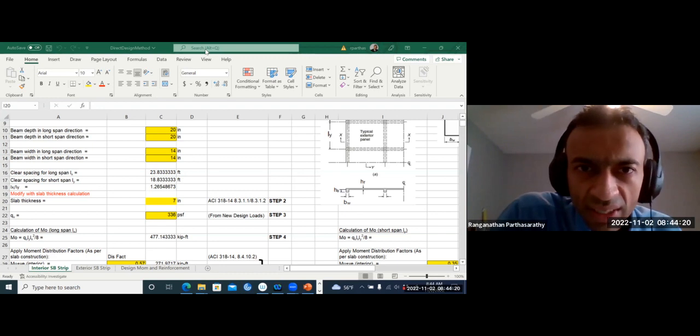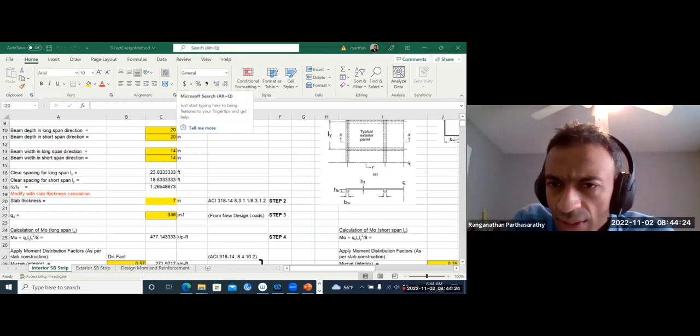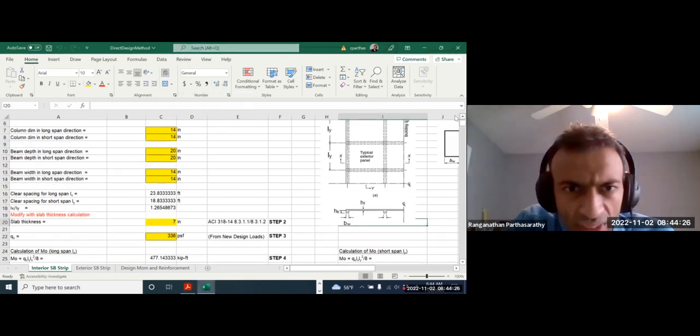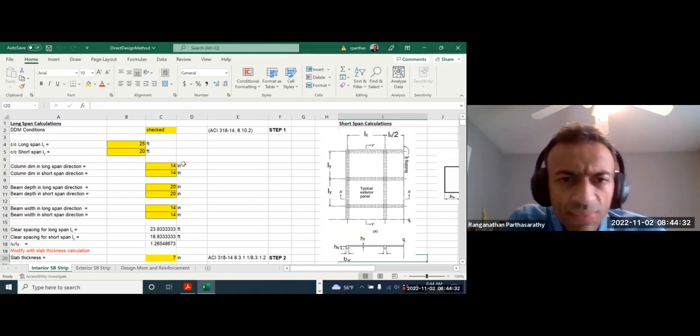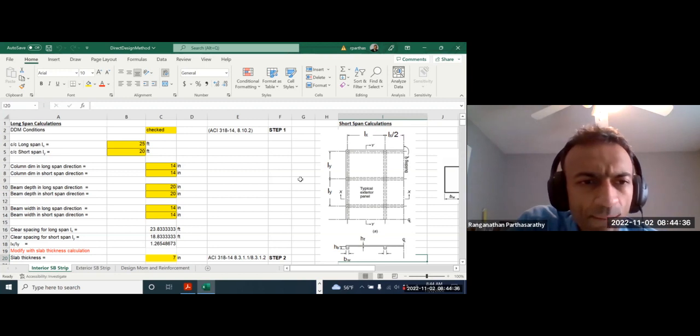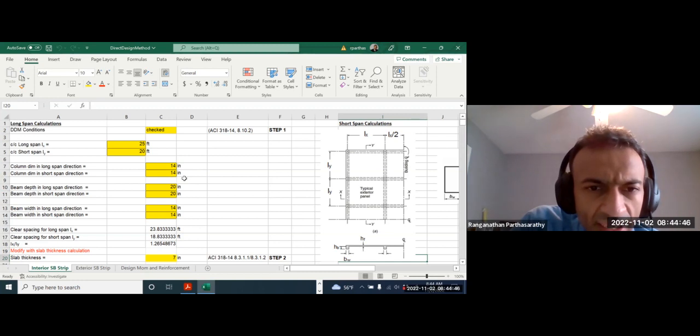Okay, so from here, let's take this particular example. Let's take the long span direction, for example, here, LX.